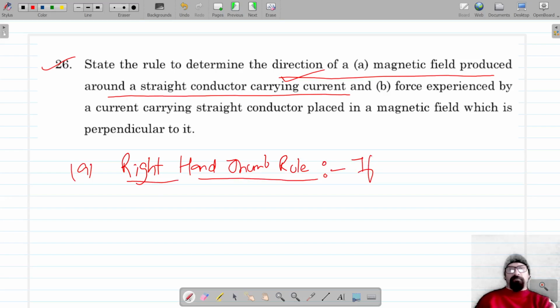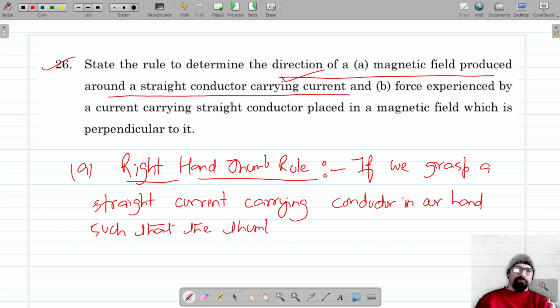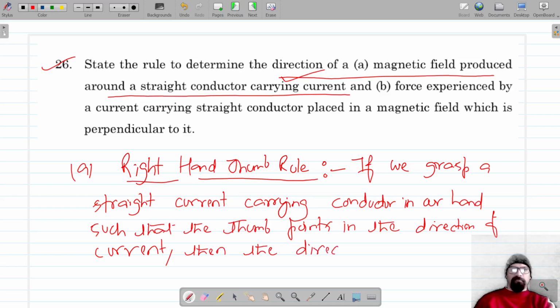It says that if we grasp, so we don't have to actually grasp, if you imagine that we grasp a straight current carrying conductor in our right hand, such that the thumb points in the direction of the current, then the direction in which the fingers curl gives the direction of the magnetic field.